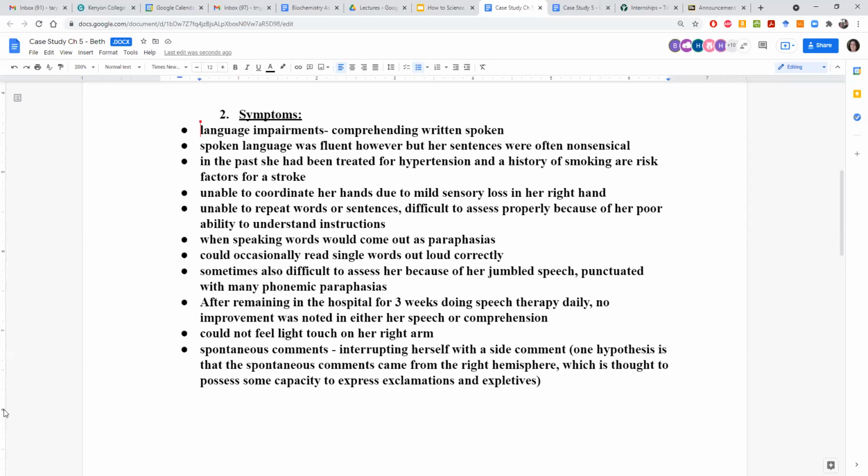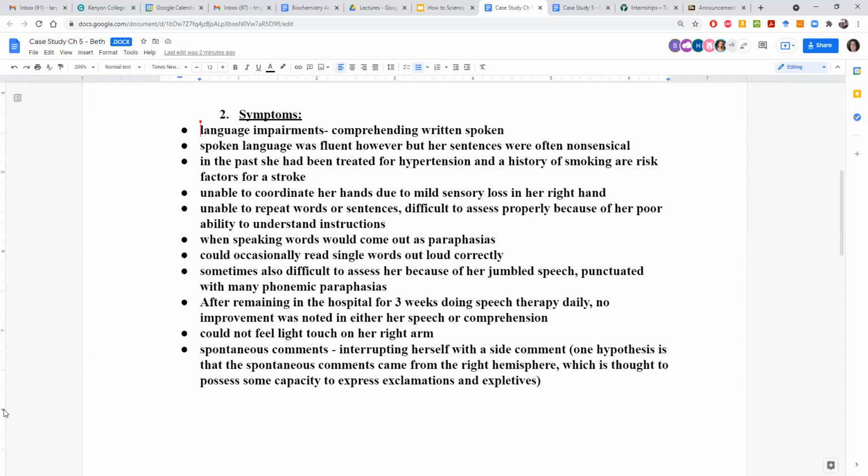She was unable to coordinate her hands because of a mild sensory loss in her right hand. She couldn't repeat words or sentences, and she was difficult to assess properly because of her poor ability to understand instructions given to her. When speaking, words would come out as paraphasias, and she could occasionally read single words out loud correctly, but that was about it, and it wasn't very often.